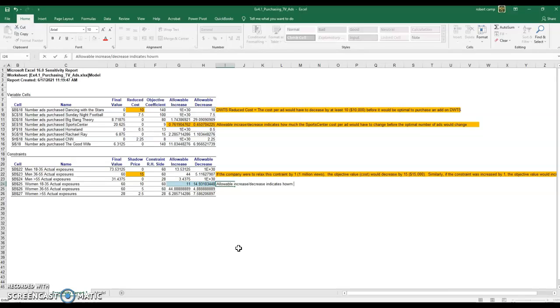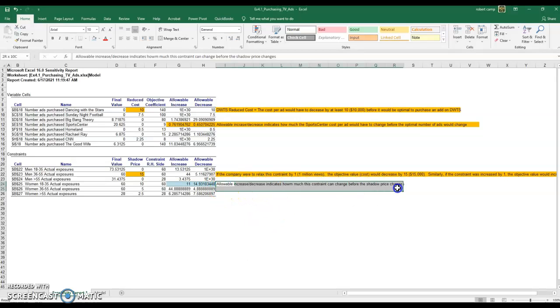It indicates how much this value or this constraint can change before the shadow price changes. So this is all just talking about how sensitive our different variables are to these changes. So this is great information to have.